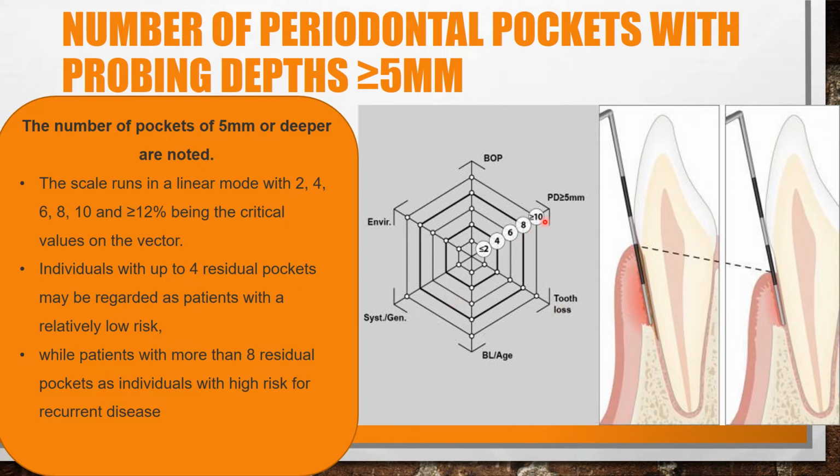Individuals with up to 4 are considered the lower risk category, up to 8 is moderate risk, and if it is greater than 8, it is considered the high risk category. This residual pocket depth is very important to assess the future loss of attachment and also the response to periodontal therapy.